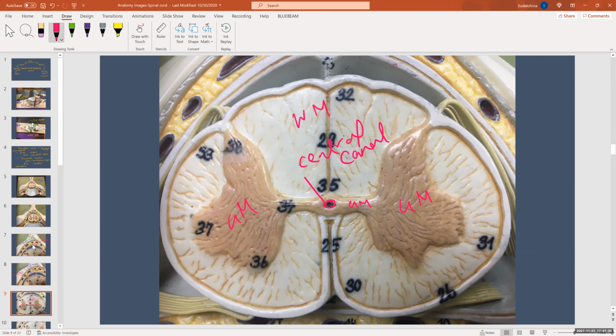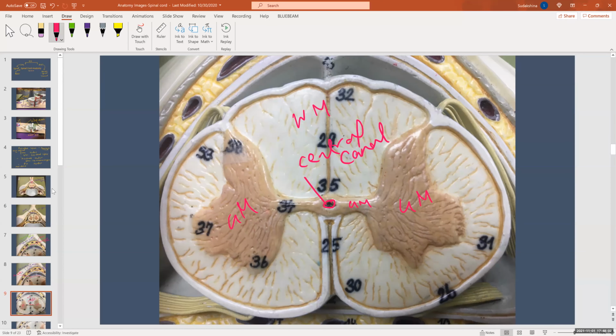Okay. So now, this gray matter is referred to as horn, commissure, column, etc., based on where it is. Okay, so first let's figure out what's anterior and what is posterior.